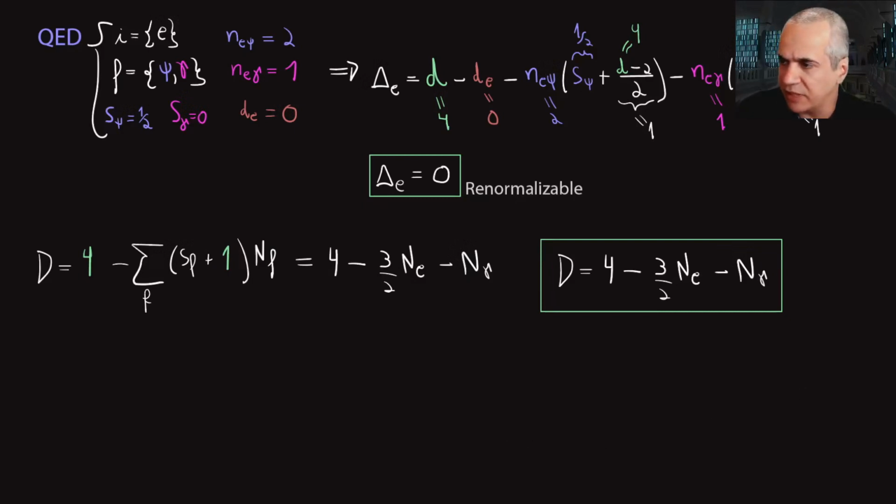So the simplest case is just this. I'll call this diagram A, and this is just the sum of all the 1PI diagrams with no external legs. The superficial divergence for this guy is, of course, 4, because I have no external legs here, which makes it highly divergent.